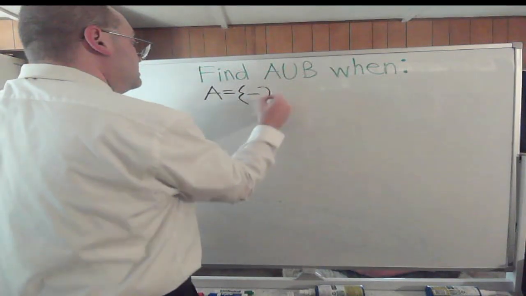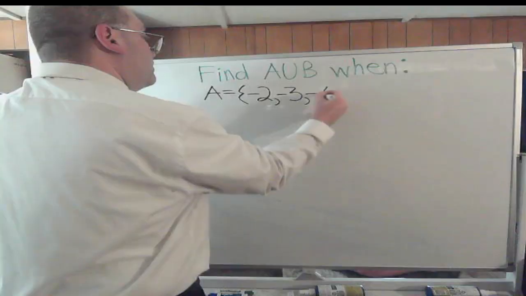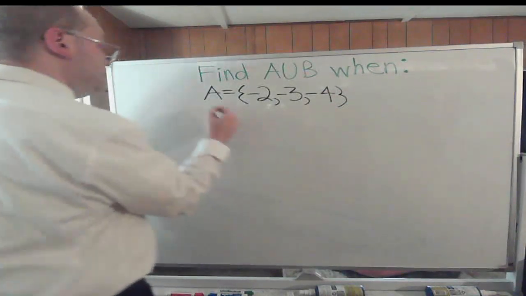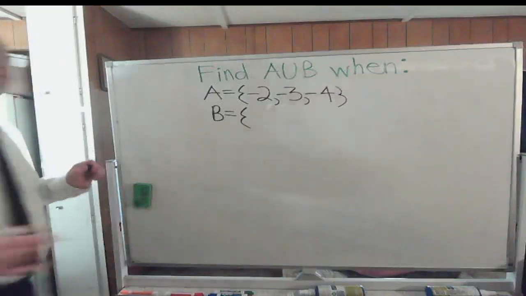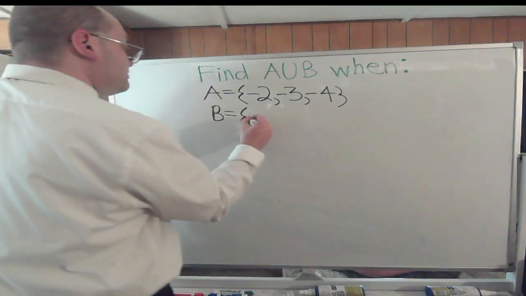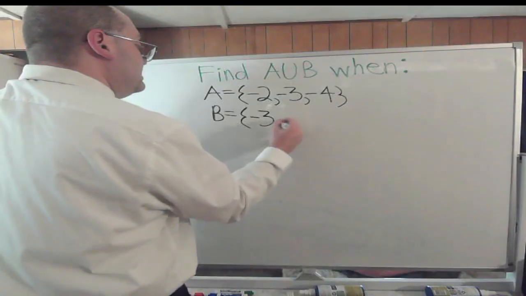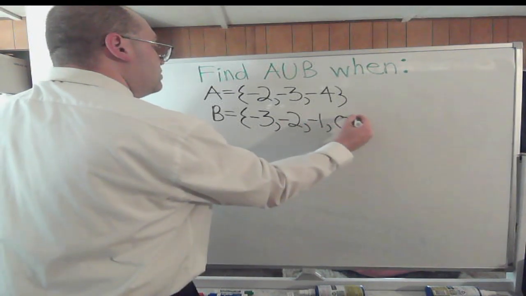-2, -3, -4, and then set B is equal to the set of -3, -2, -1, and 0.